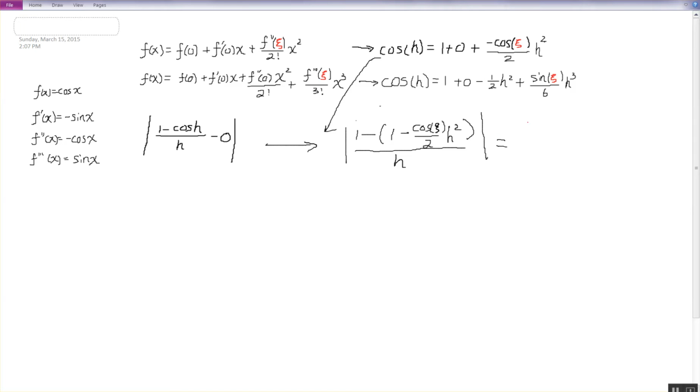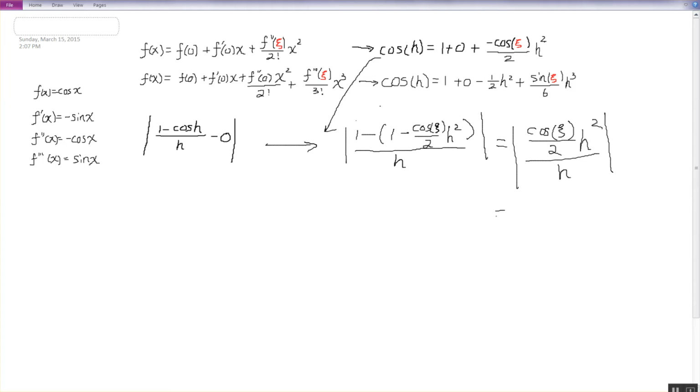So after that, we will have cosine xi over 2, here I have h squared, and still I have the bottom one, which is divided by h. Don't forget the absolute value. And now h can be cancelled.